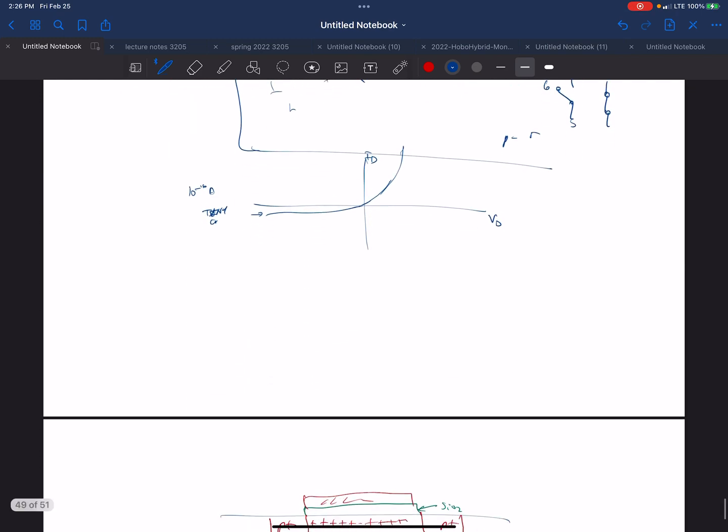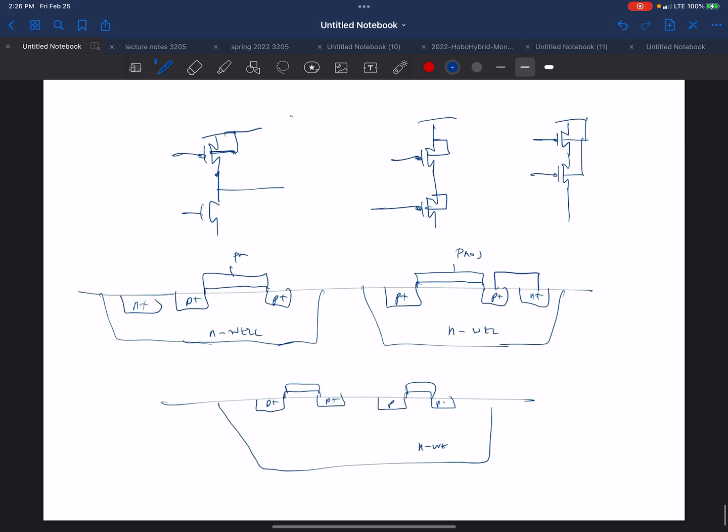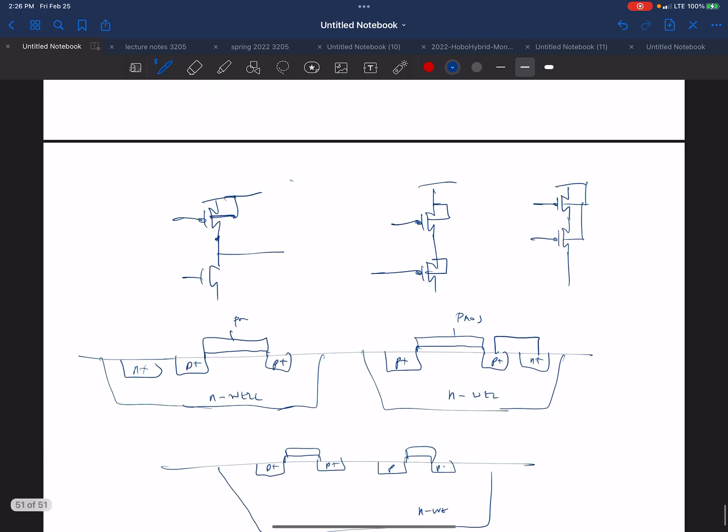But if I connected it up like this, now I've got two terminals to worry about, right? I have my gate, but then my substrate's also going up and down depending on my output. I've just shorted it to my output.